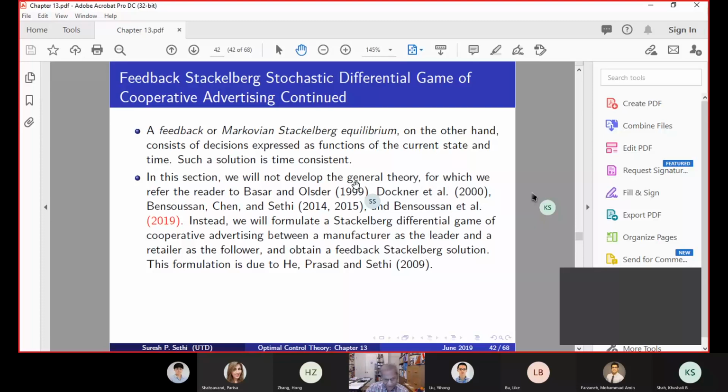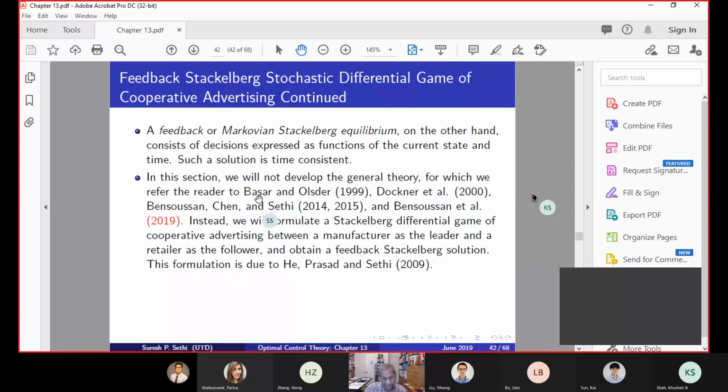The entire theory for continuous time is actually developed in a paper by Bensoussan, Chen and Sethi in 2019, or maybe another, more recent paper with the Hong Kong authors. That's where we develop the theory of these games in a little more detail than Basar and Olsder.